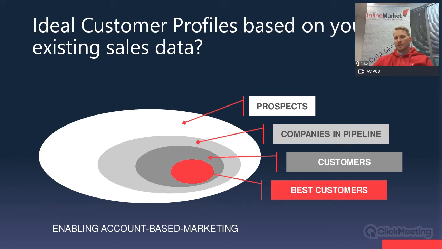Then some of them will turn to customers, and among the customers, of course, you have the best customers: your loyal customers, repeating customers, big customers, and that was our starting point.